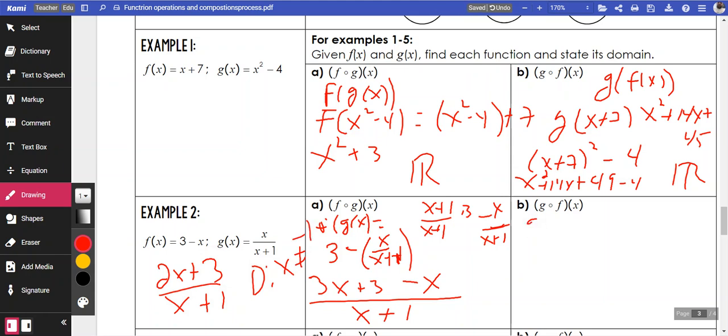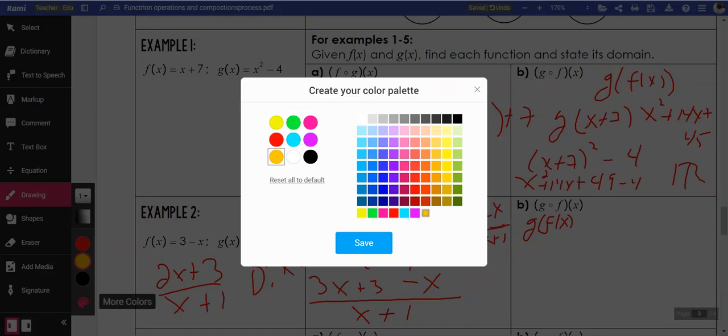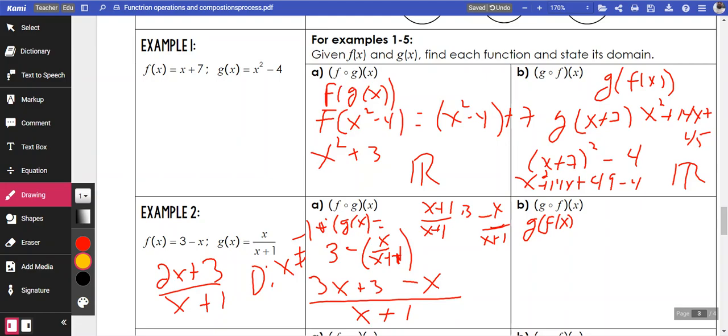Going the other way, this is g of f of x. If you go the other way, it's going to be 3 minus x all over 3 minus x plus 1.